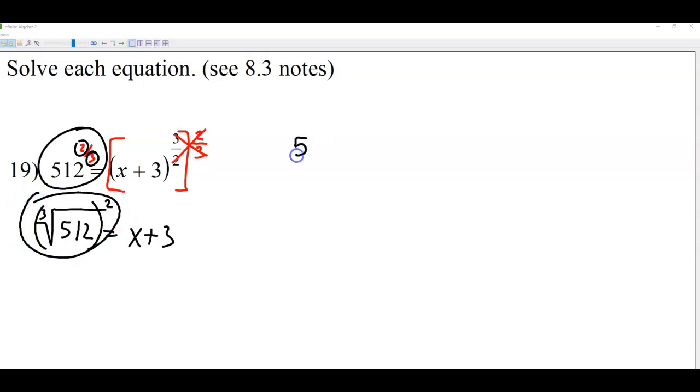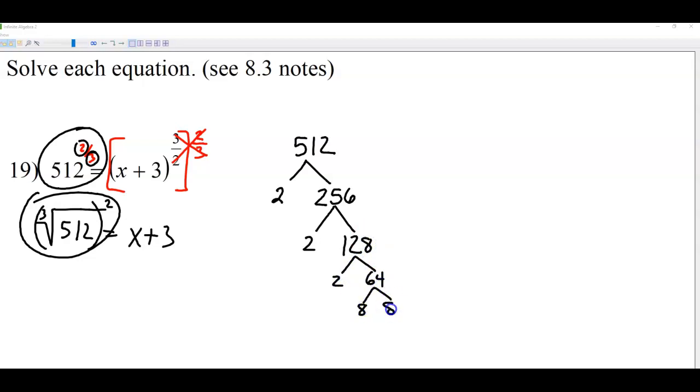So 512. Let's break it apart first. I know that 2 goes in there. Break that up again. I know 2 goes in there. I think it's just going to keep being divisible by 2. There we go.